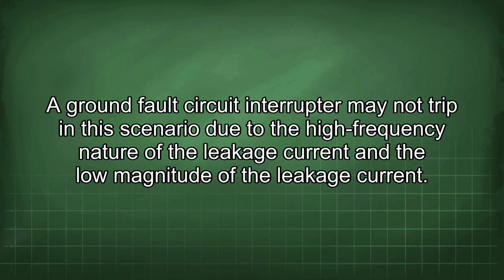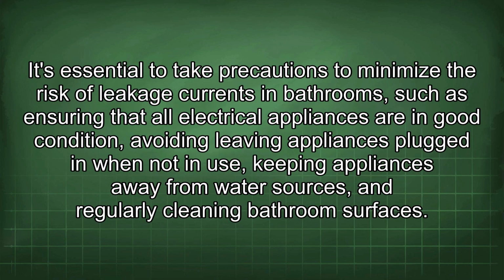A ground fault circuit interrupter may not trip in this scenario due to the high frequency nature of the leakage current and the low magnitude of the leakage current. It's essential to take precautions to minimize the risk of leakage currents in bathrooms, such as ensuring that all electrical appliances are in good condition, avoiding leaving appliances plugged in when not in use, keeping appliances away from water sources, and regularly cleaning bathroom surfaces.